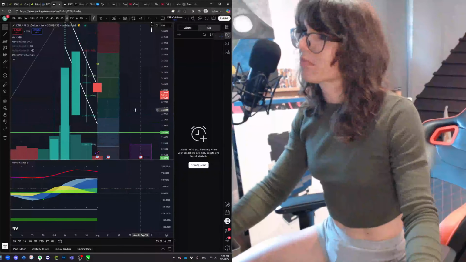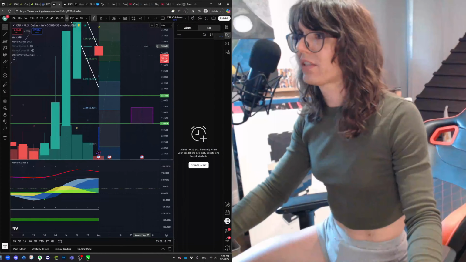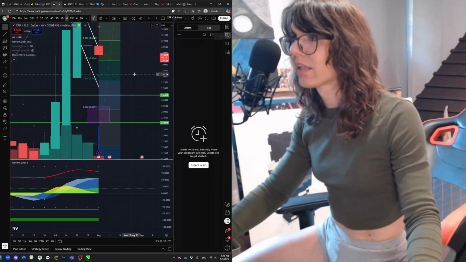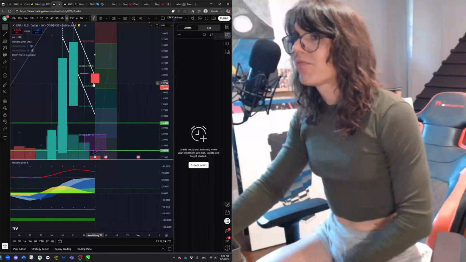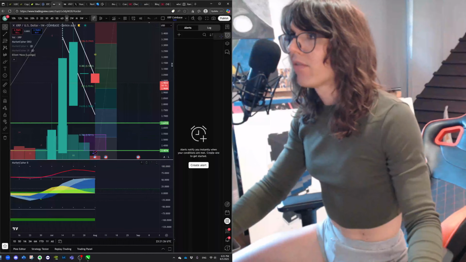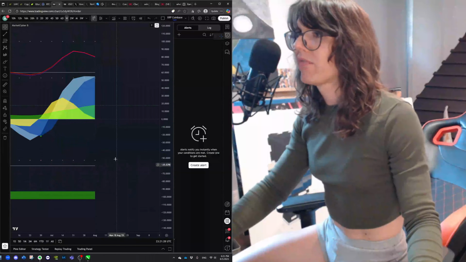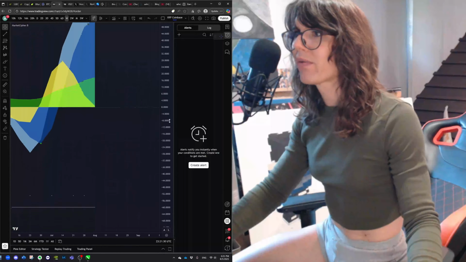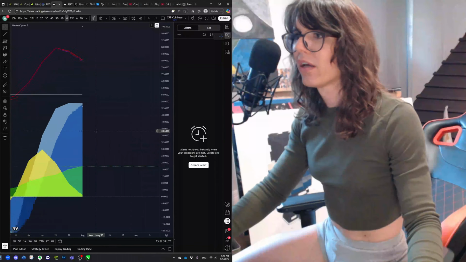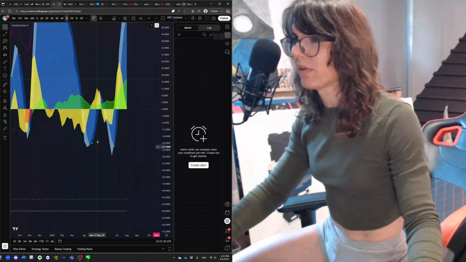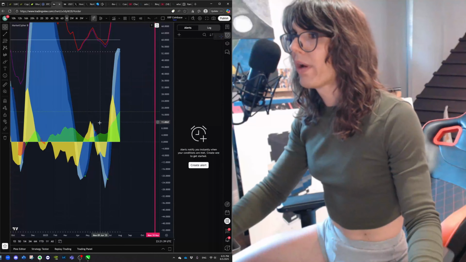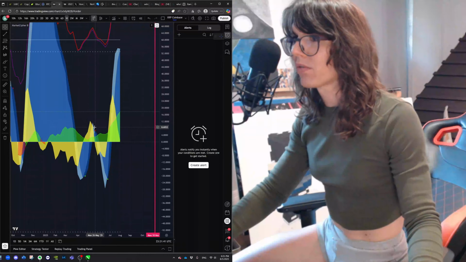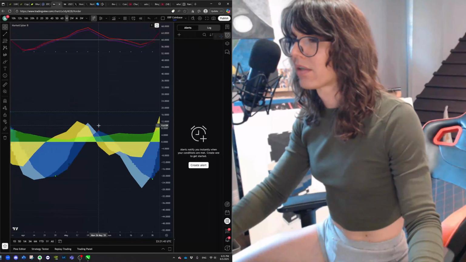So, with that said, let's move that back. With that said, we have more room to the downside. Now, we're on the weekly. If I pull this up and I really zoom in here and I look, well, first of all, where do we really need to cross over in order to get that dot?